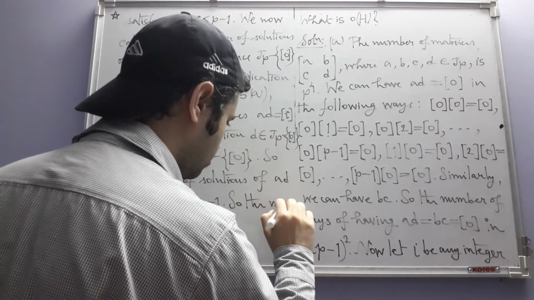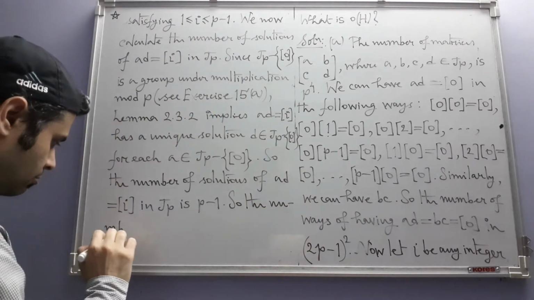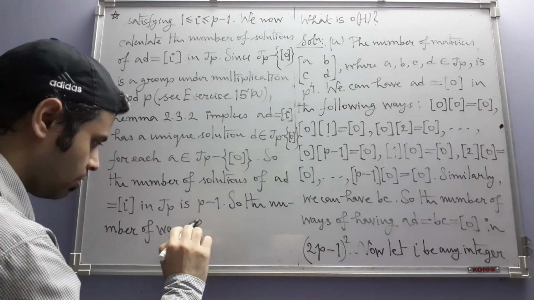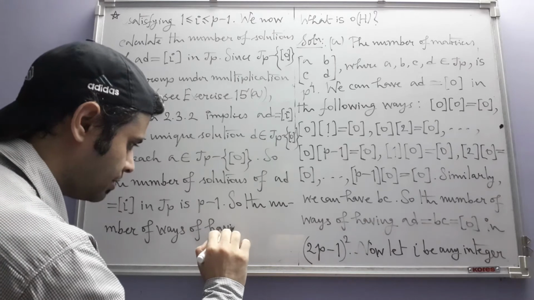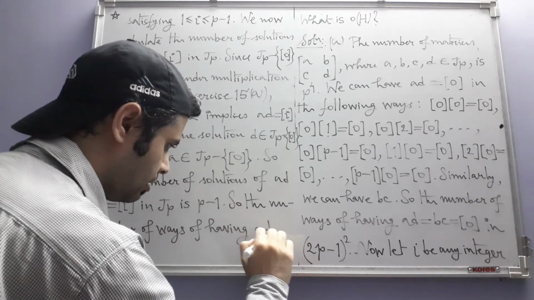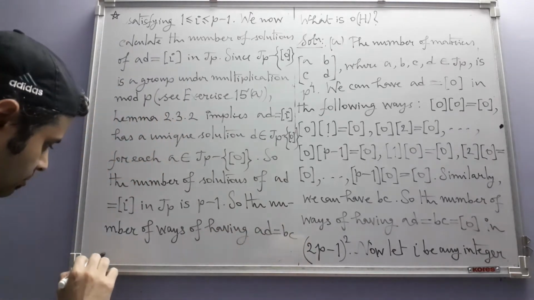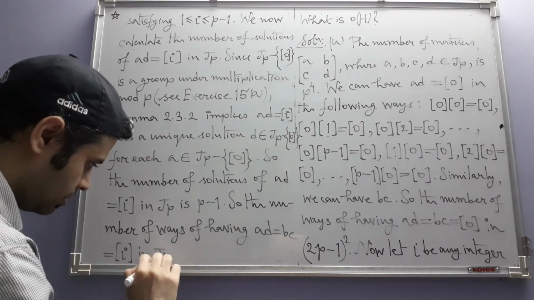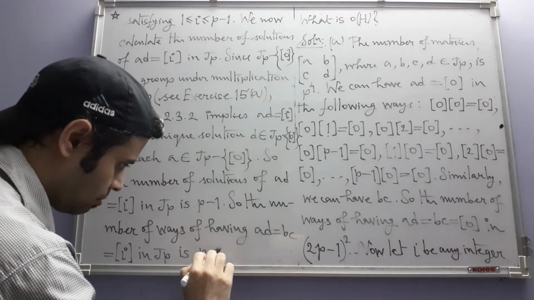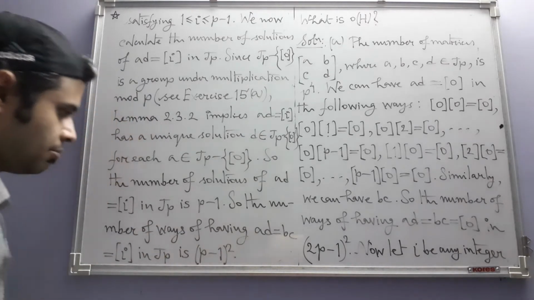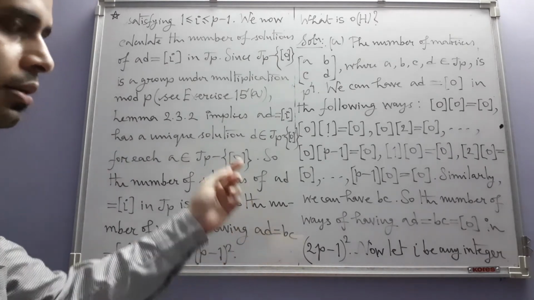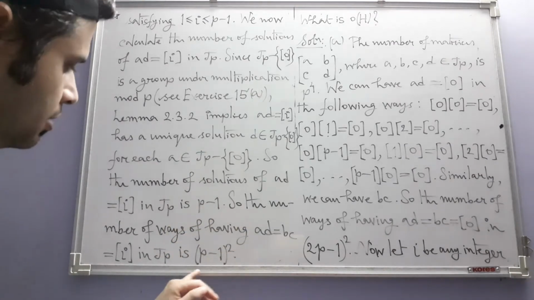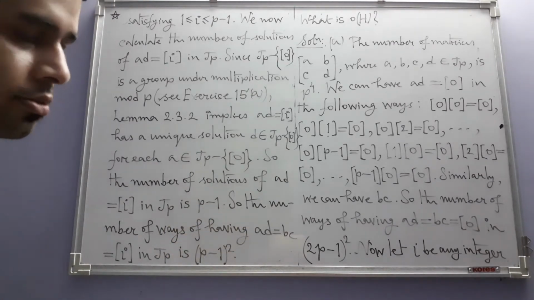So the number of ways of having AD equal to BC equal to I in Jp is p minus 1 whole square, because now we are choosing AD and BC independent of each other, and each one can be chosen in p minus 1 ways. So the total number is p minus 1 whole square.